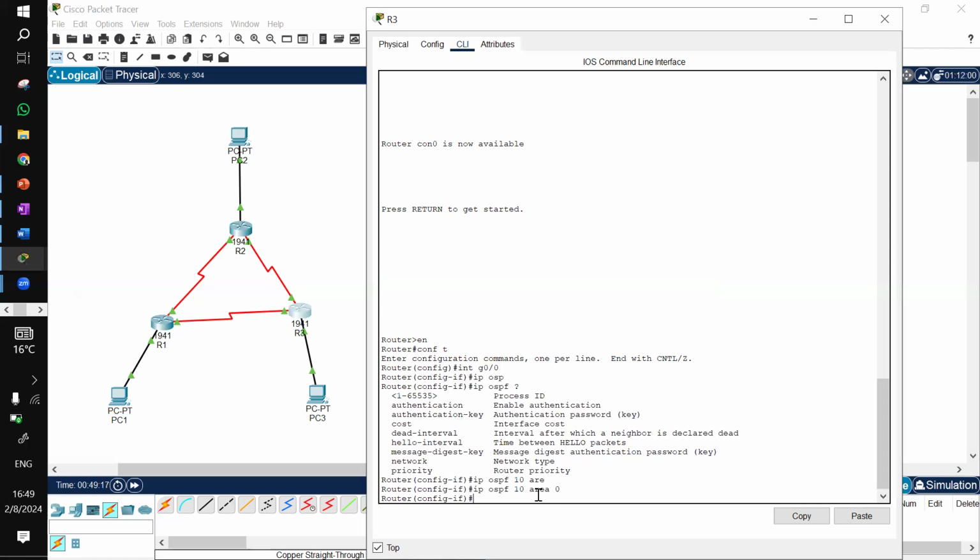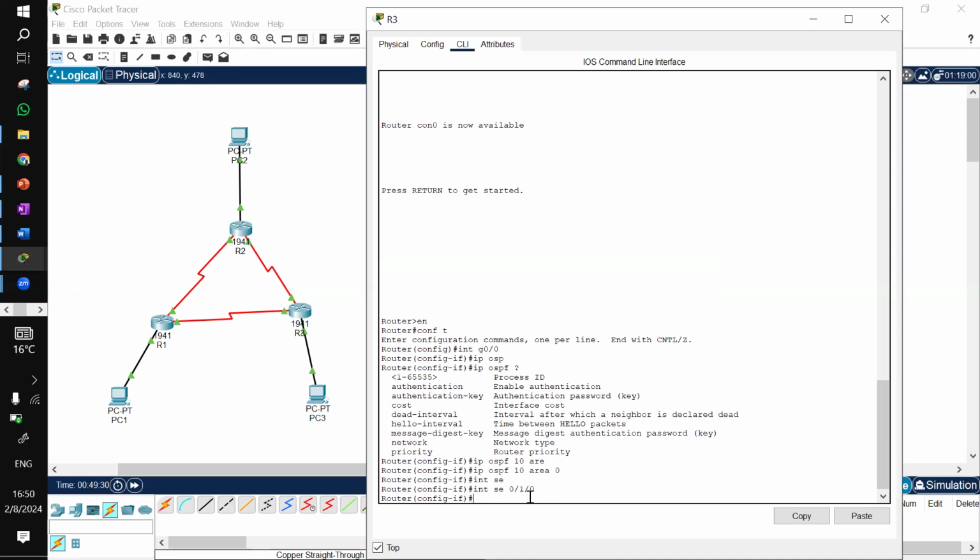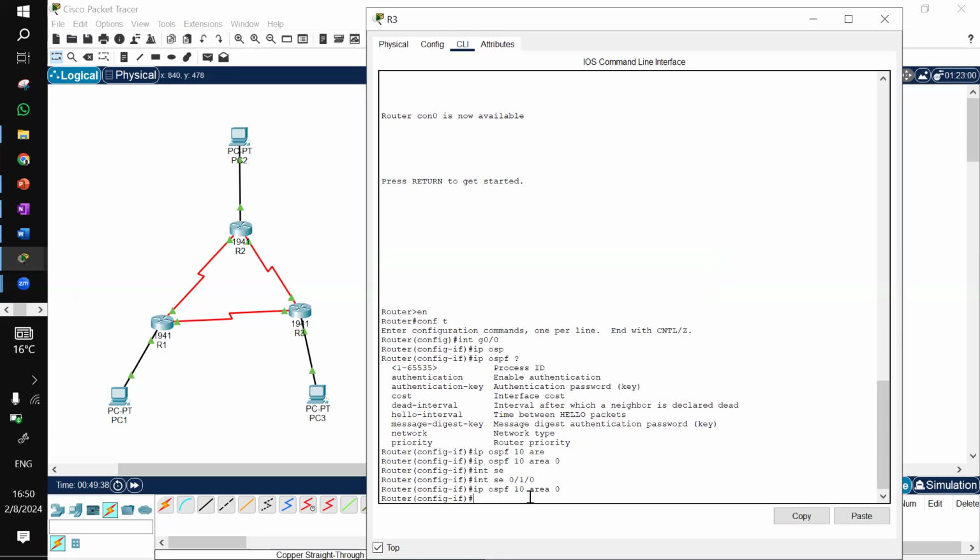We have the second one from this router, interface serial. This one is 0/1/0. Let's start with 0/1/0. Right. Same command, ip ospf 10 area 0. Right. We go to serial 0/1/1.